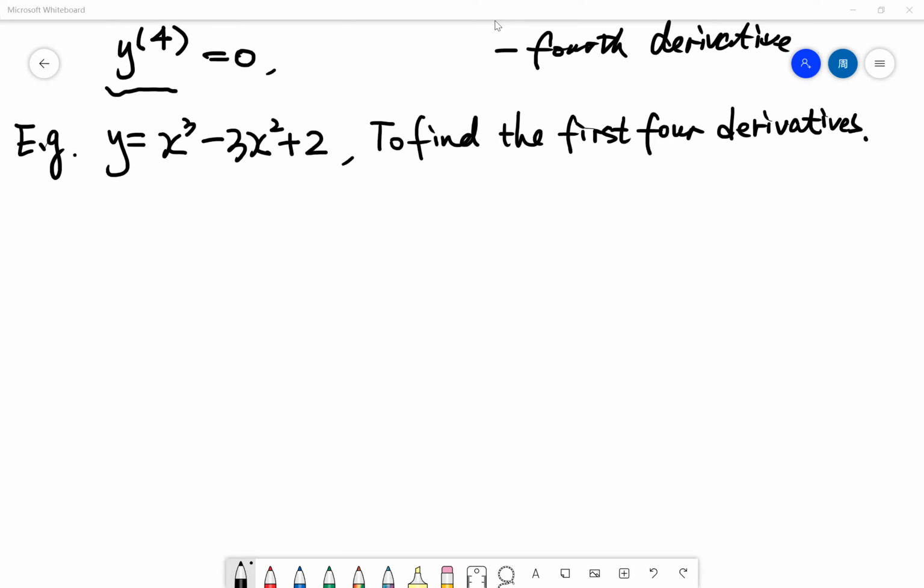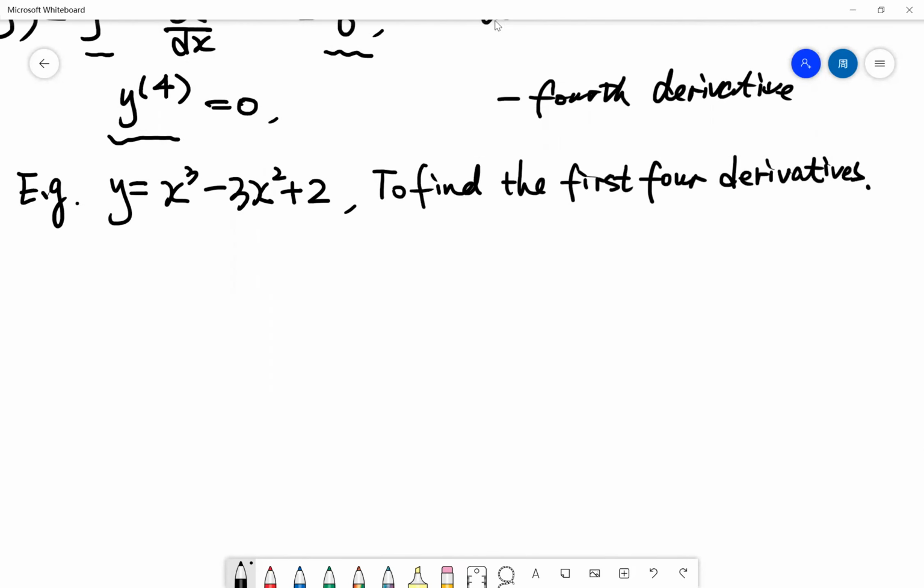Okay, here for the fourth derivative, we don't write 4 prime here. So remember this symbol. And I think that is easy. So we just calculate again and again. So first, y prime equals 3x squared minus 6x.